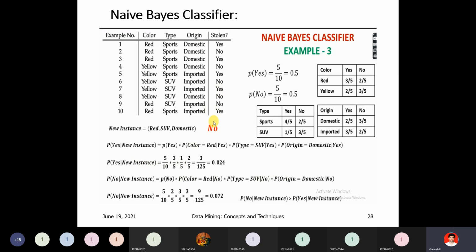Next the classes: here the yes class is there, the no class is there. For the yes class you take all the attributes: red given yes, SUV given yes, domestic given yes. For the no class you take red given no, SUV given no, domestic given no. Then you multiply all these probabilities for each class.